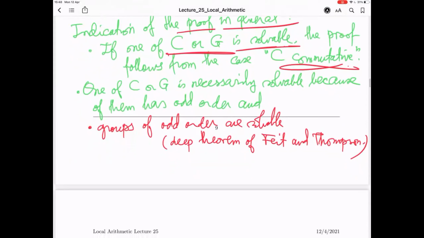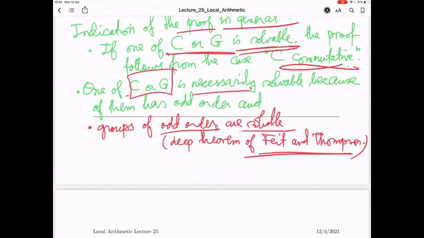And now there's a very deep theorem, due to Feit and Thompson, which says that if you have a group of odd order, then it's necessarily solvable. So you'll be back in this case if one of C or G is of odd order. But if the orders are relatively prime, then of course one has to have odd order.